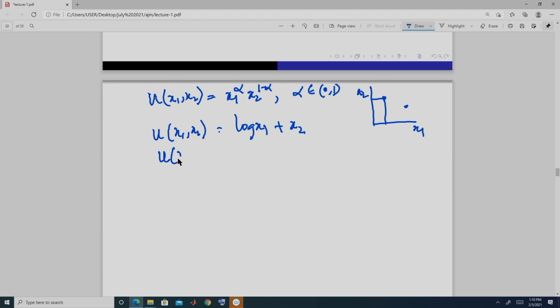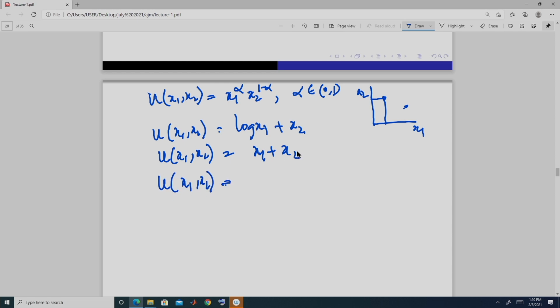The next example you can take is something like this. This is one. So here you can see that for these goods x1 and x2, you plug in the values and the utility you get is simply the sum of these two. Or you can take another example like this.